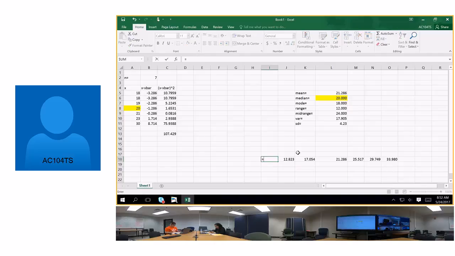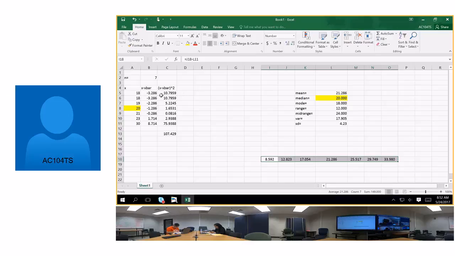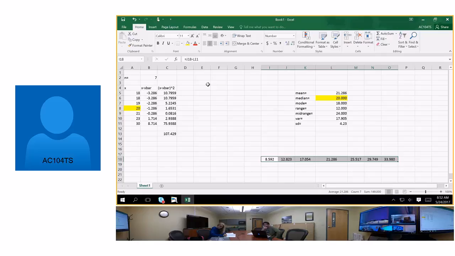You're telling it to round to the hundredth, and I think that ours is not. It's not a major deal. Can I show you something? I'm doing 18 minus 21.29 because I rounded it to the hundredth, and then I square it, and I get a totally different thing. That's because of the rounding, yeah.